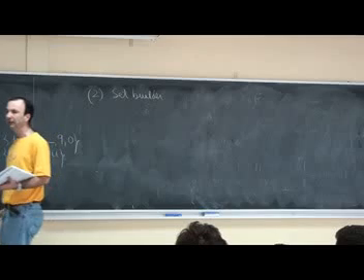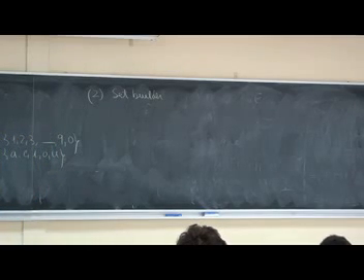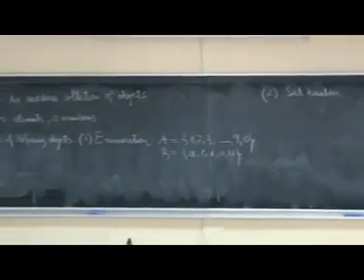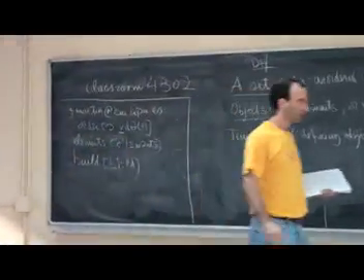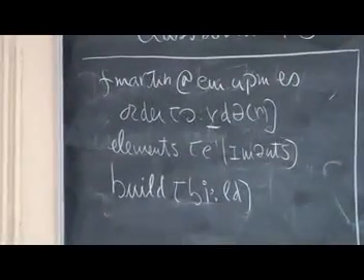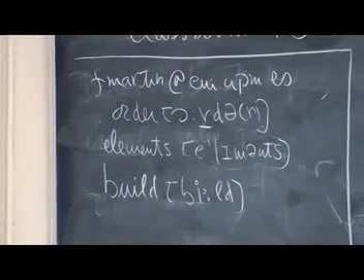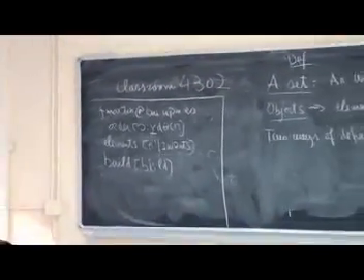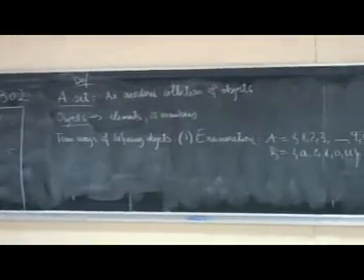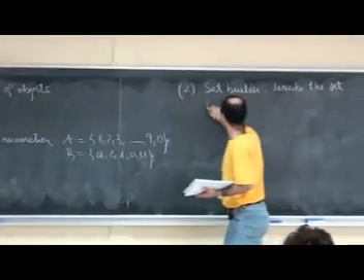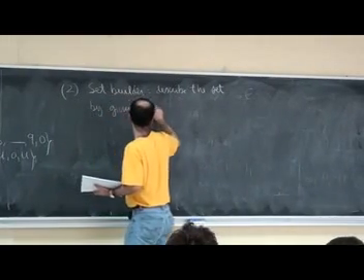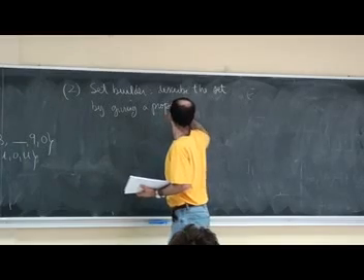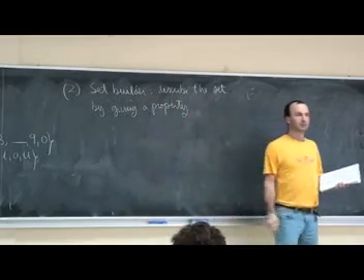The other way is called set builder. With a long E, builder. What's that? Describe the set by means of a property.